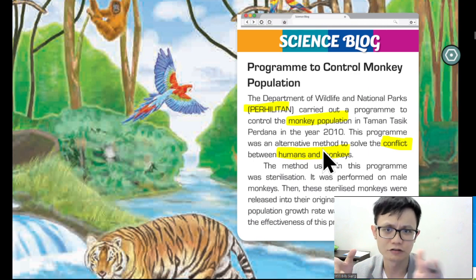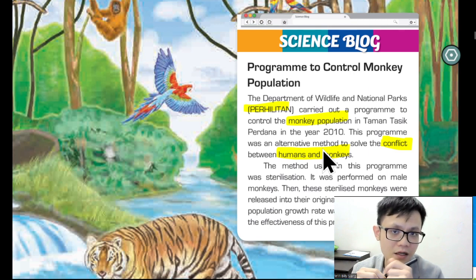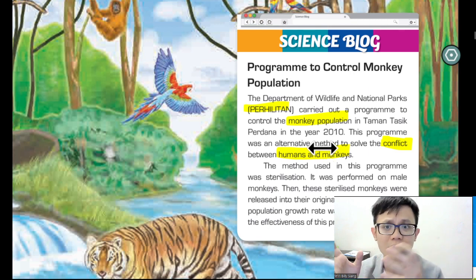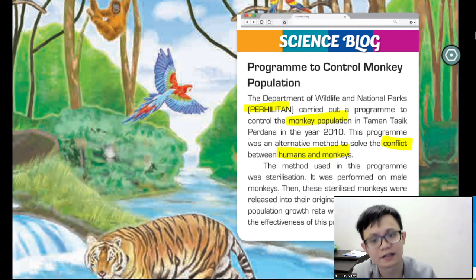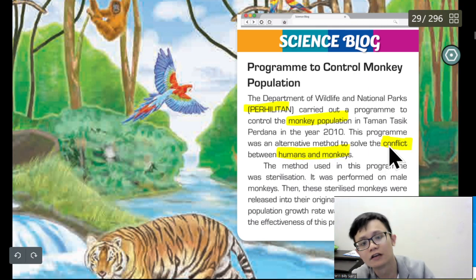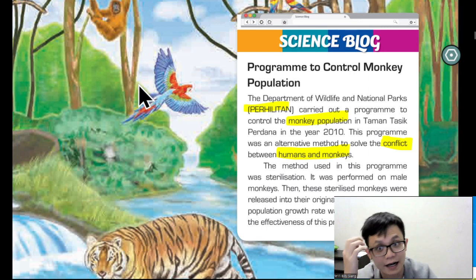A few years back, I read that a monkey bit a baby to death. So there's a conflict between human and monkey. But of course, in KL we don't have this; it only happens in the kampong.